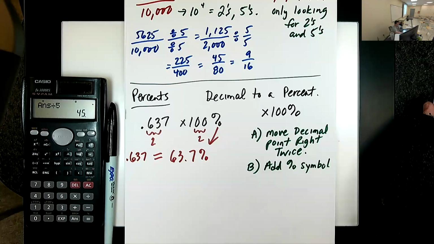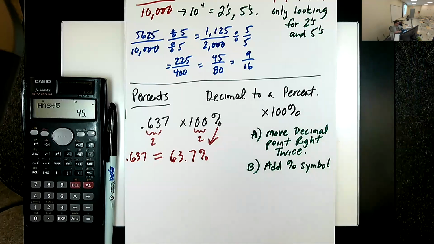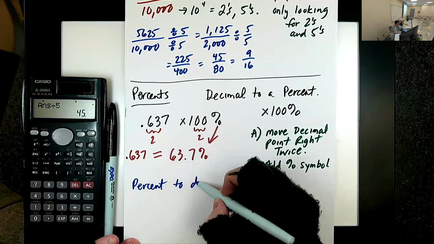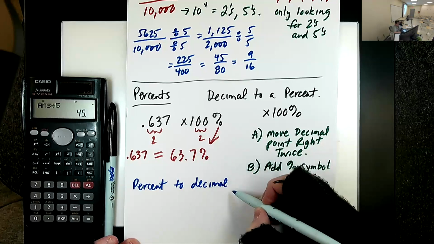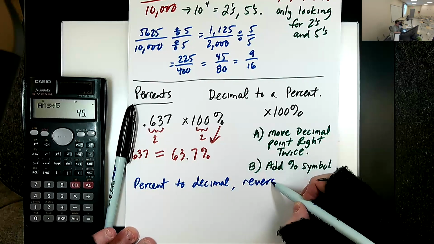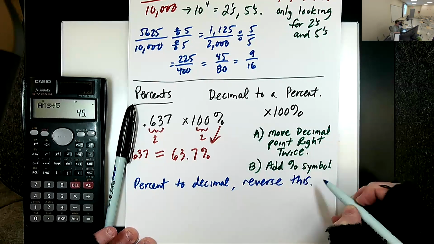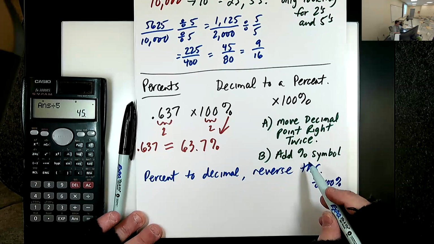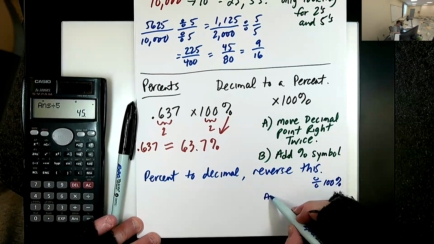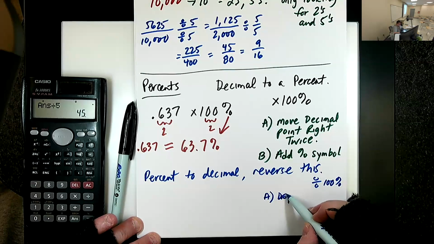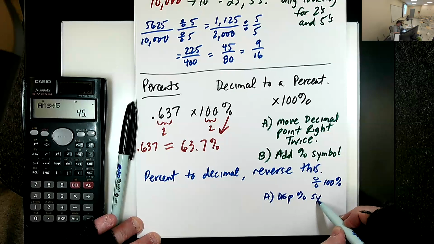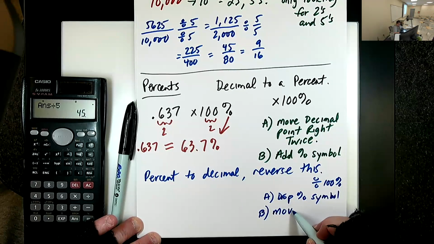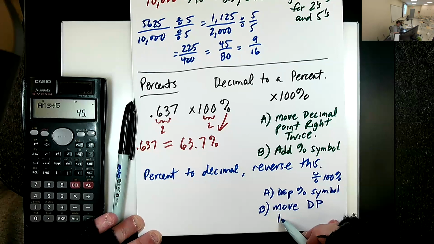If you want to go the other way, percent to decimal, reverse this. It's kind of like dividing by 100%, but it's easy to reverse it. A, drop the percent. B, move the decimal point left twice.